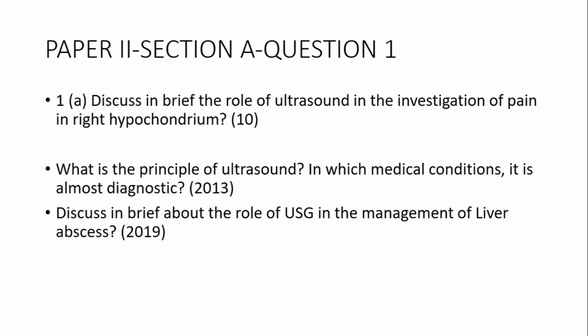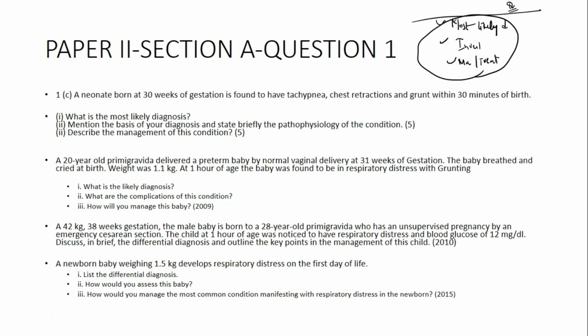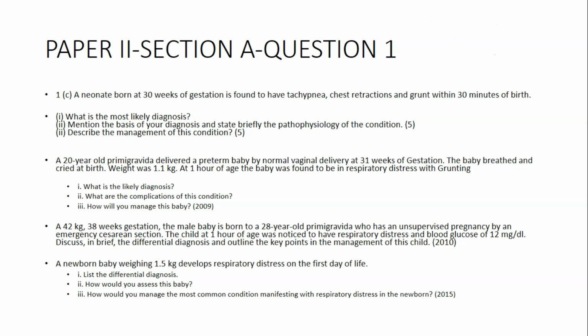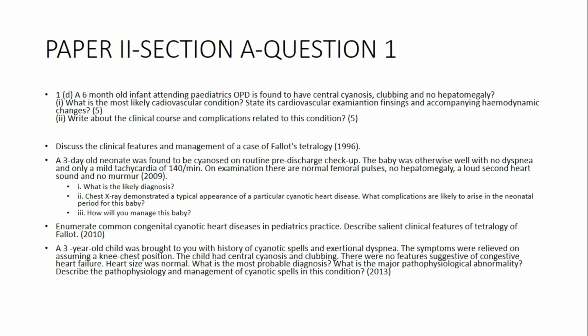So please never ever ignore anything within the prescribed syllabus, because though it is not important, if it comes in question number 1 or 5, it becomes the most important in this world.